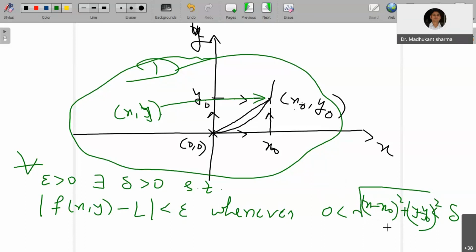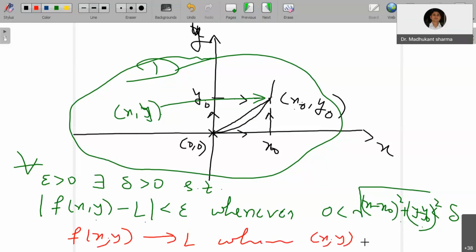So what it says is, as x and y approach x naught, y naught, f of x, y approaches L. Roughly, f of x comma y approaches L whenever x comma y approaches x naught comma y naught.